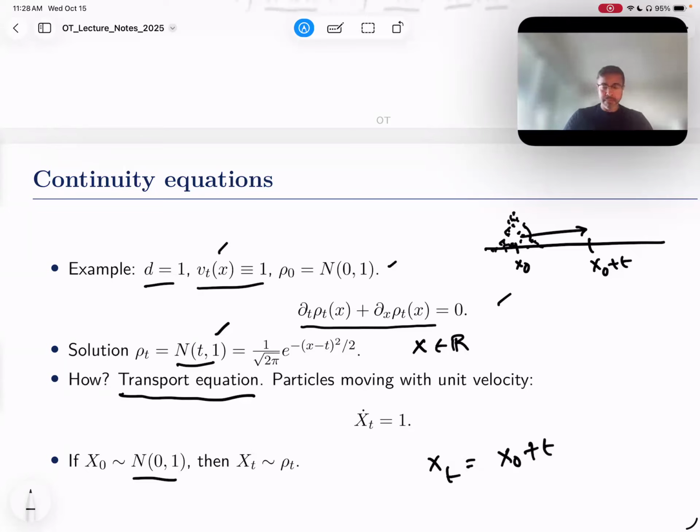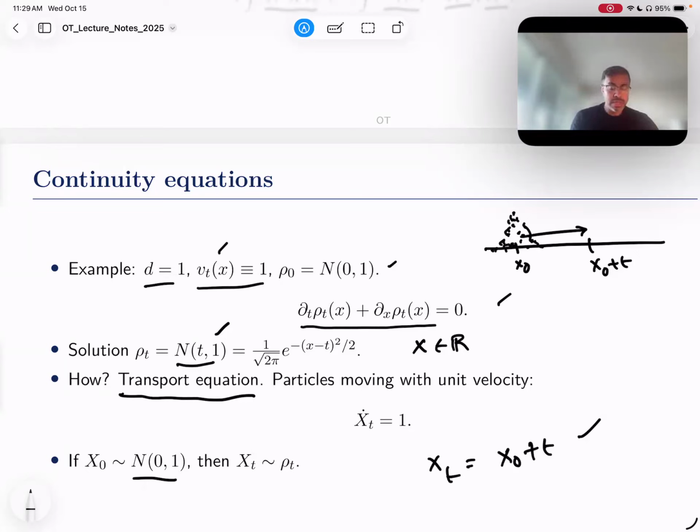And this is an example that we see here. So x0 is normal 0, 1. My velocity is plus 1. So at unit velocity, it's moving to the right. So after time t, where is my x0? We said x0 plus t. And so if x0 is from normal 0, 1, what is the distribution of x0 plus t? Normal t comma 1.